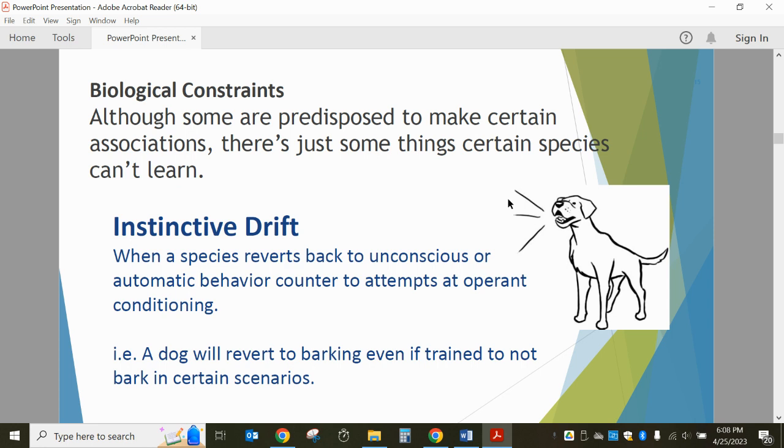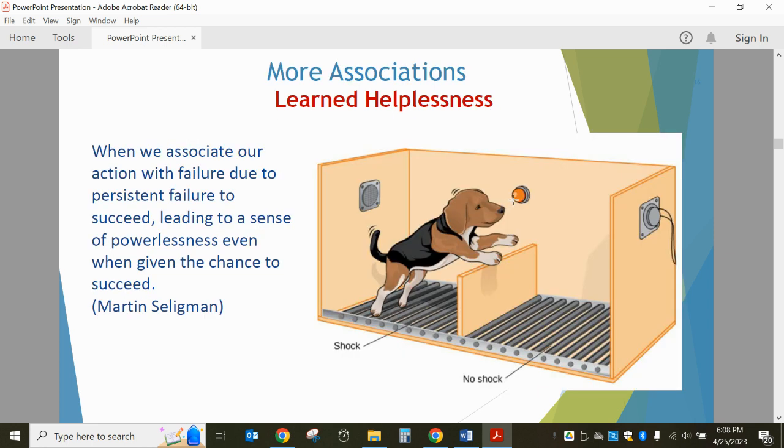Instinctive drift says that when you're teaching a species to do something that goes against its natural behavior, like teaching a dog not to bark at a loud noise, if you do not continue to reinforce that behavior, it will instinctively drift back to its natural behavior.